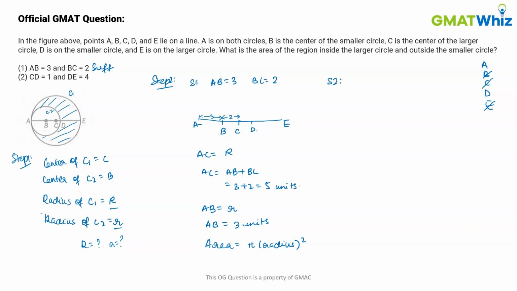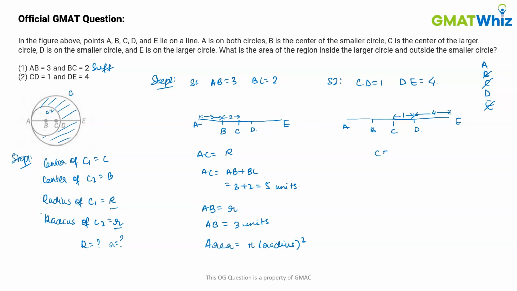In statement 2, the value of CD equals 1 and the value of DE equals 4. Line AE has the points B, C and D. What is given to us in statement 2 is the length of CD, which is 1, and the length of DE, which is 4.